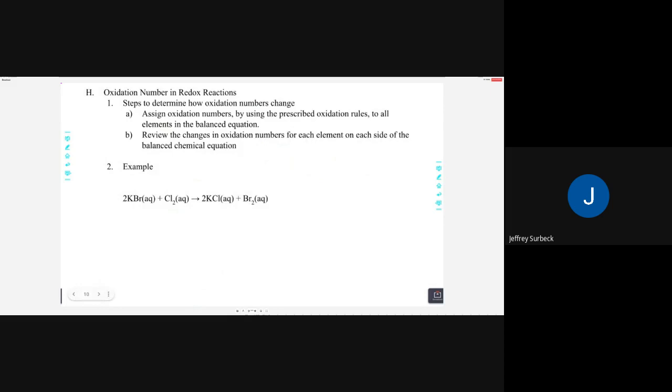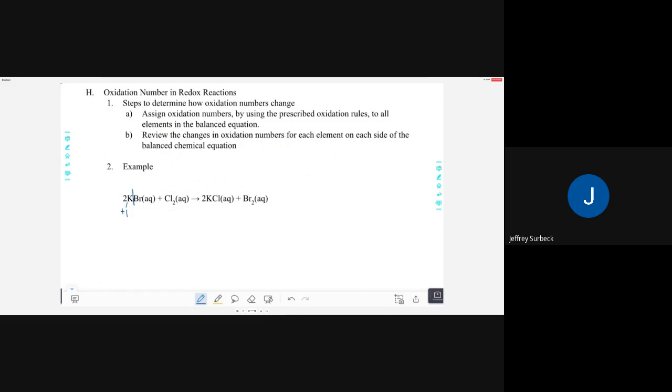All right, so moving on here. Now, we're going to see this example again, so keep this in the back of your mind because we're going to use it towards the end. We're going to go pretty quick here because we just went through examples. If I split K and Br, first off, K is in group 1. So it's -1 or +1? Very good, +1. So there's 2.